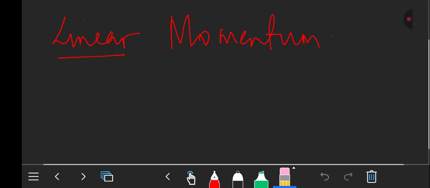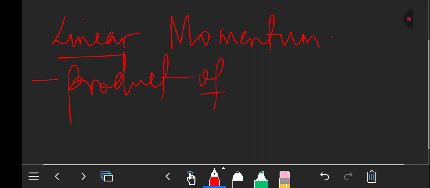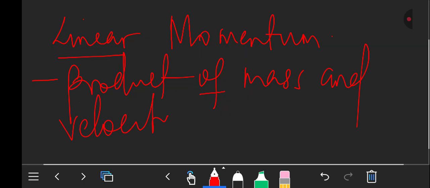When you're talking about linear momentum, this is just the product of mass and velocity. It is just the product of the mass and the velocity.